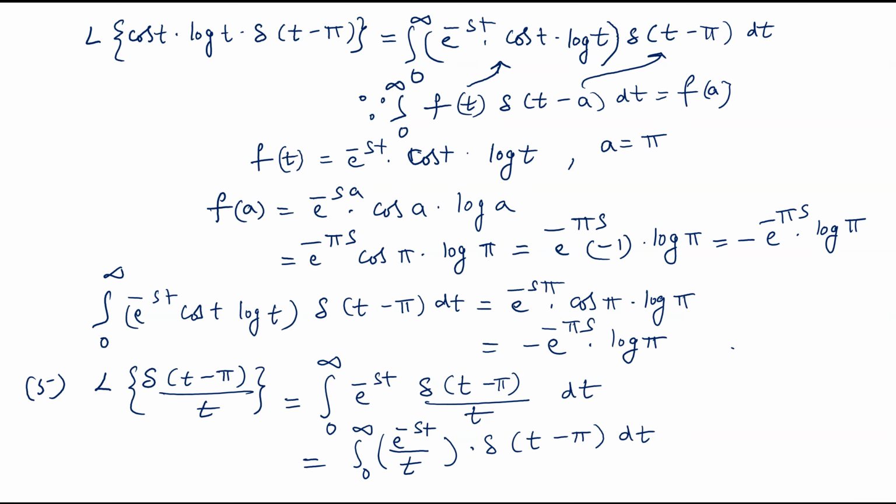That means we have written all the terms except this delta term within a single bracket. Now this is similar to the property integral 0 to infinity f of t into delta of t minus a dt equal to f of a. Now compare the LHS of this property and this integral. When you compare, you can find f of t equal to e power minus st upon t and a equal to pi.